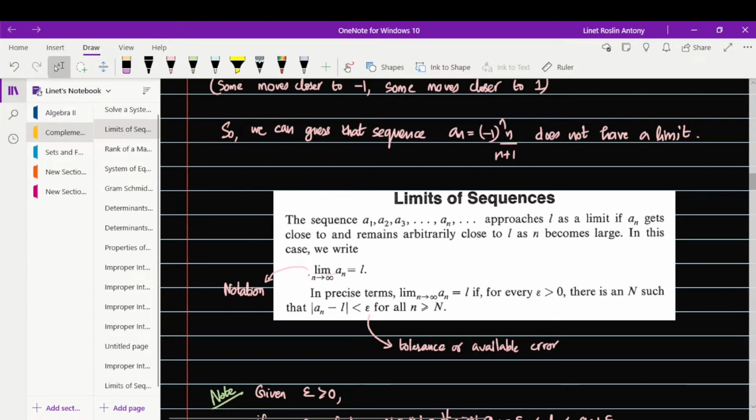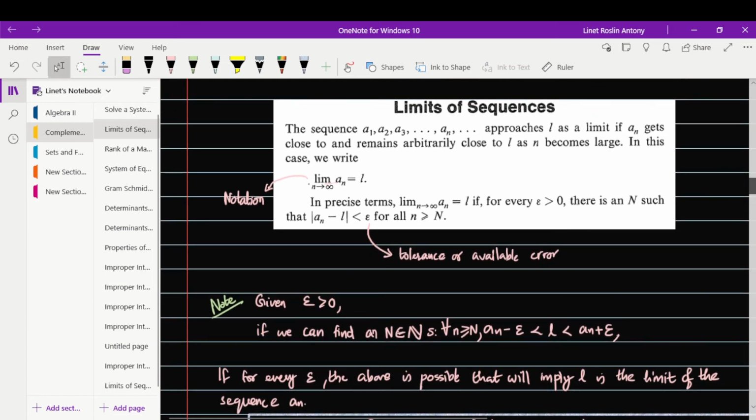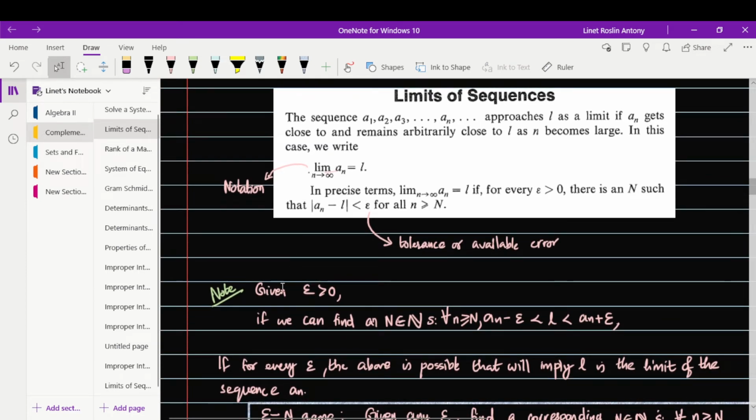Let's discuss what this means. Given a value epsilon greater than 0, if we can find a corresponding capital N such that whenever a small n is greater than or equal to N, this L, the value which we want to make the limit of the sequence, will be sitting inside an minus epsilon and an plus epsilon, that is, L belongs to the open interval an minus epsilon comma an plus epsilon.